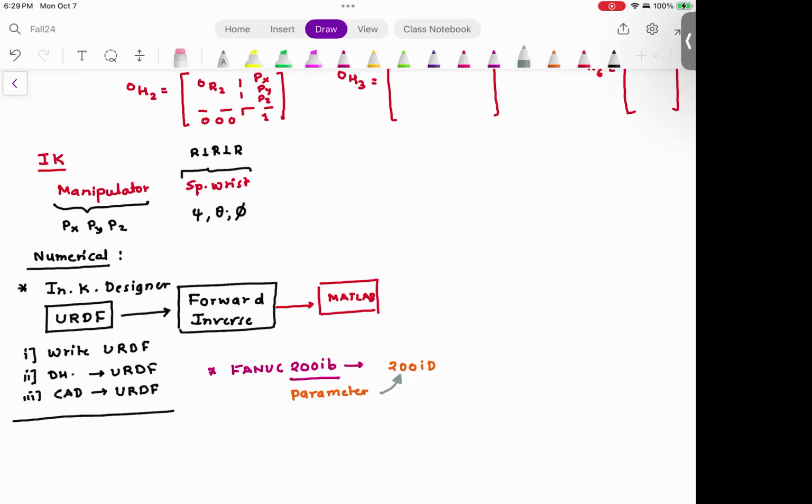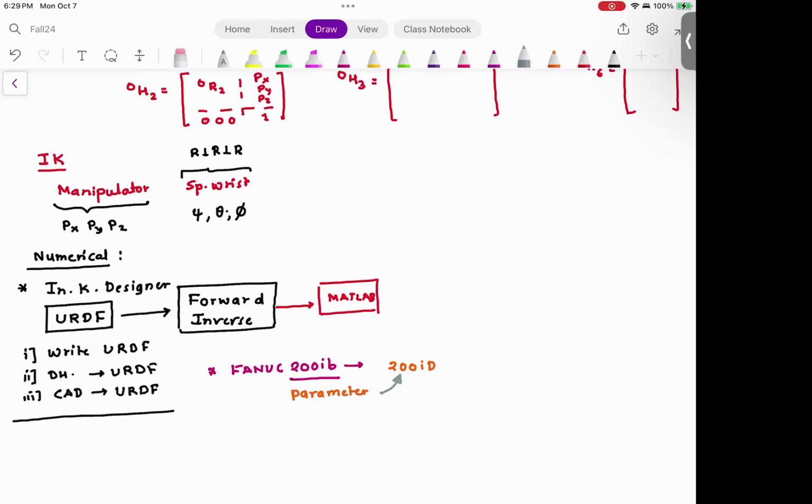When you start using the inverse kinematic designer, and you want to compare the answers from the inverse kinematic designer with the physical robot and your hand calculations, first you have to make sure you do the hand calculation for H0, H1. Add some value for 0H1, see if the end effector, the frame 1, is at the same location as you get from your mathematical equation.